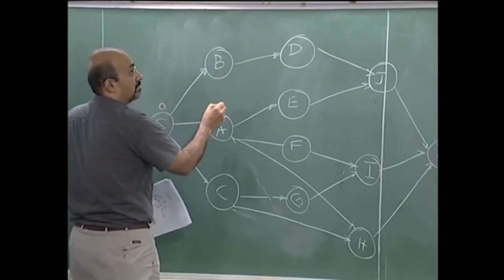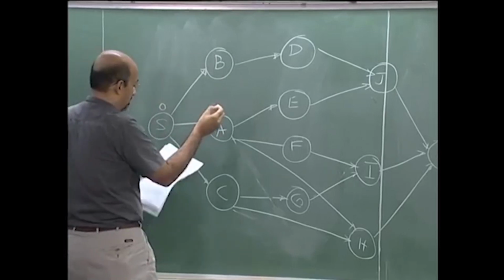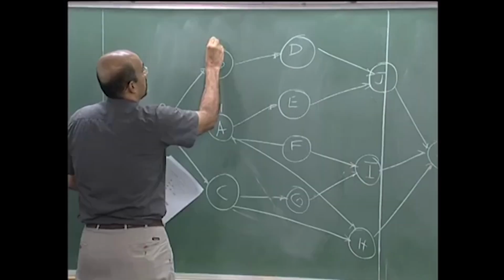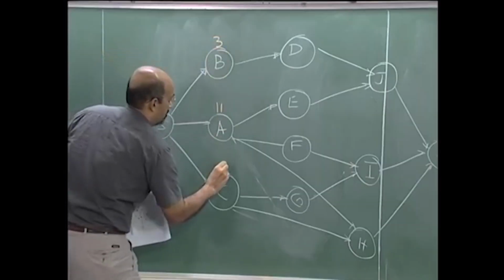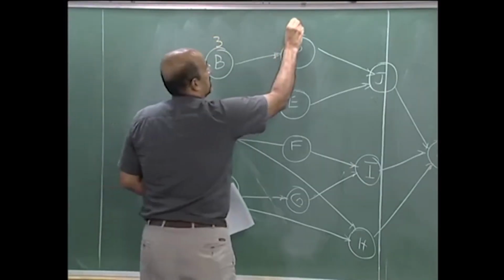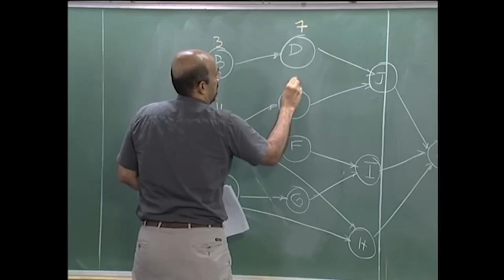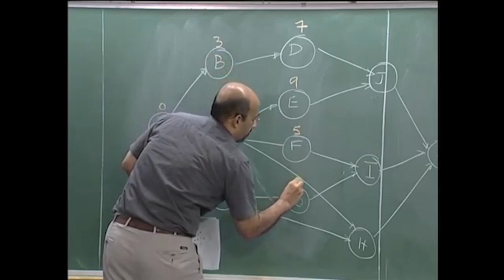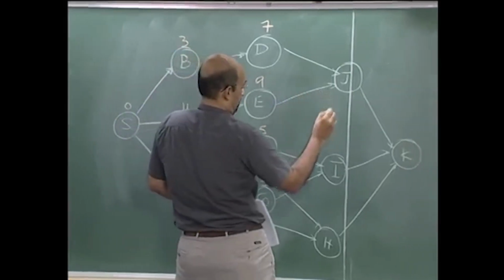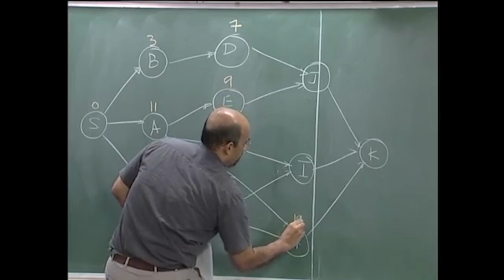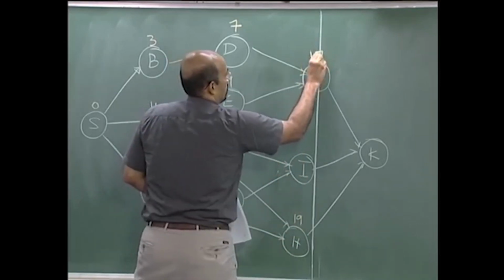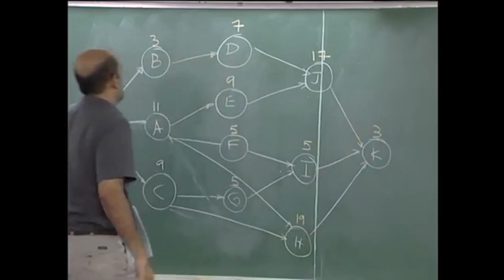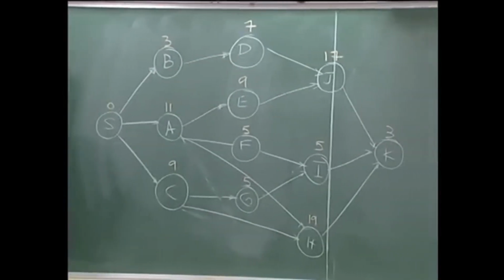A has a duration of, you can tell me the durations as we go, 11, B 3, C 9, D has 7, E has 9, F has 5, G 5, H 19, J 17, I 5, and K 3. Good.